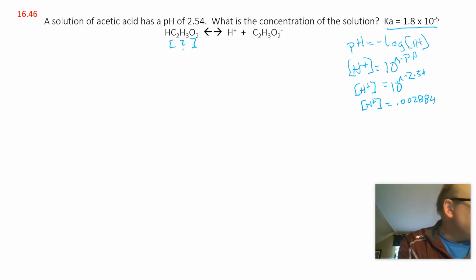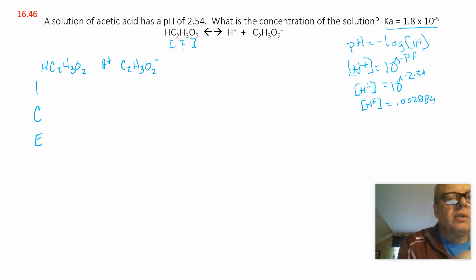So what we're going to do here is this. I'm going to set up our ICE chart. And here we have the non-dissociated acid, the hydrogen ion, and the acetate ion. Okay. This is unknown.